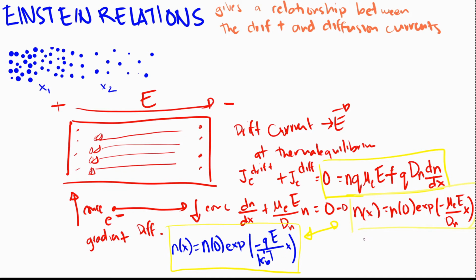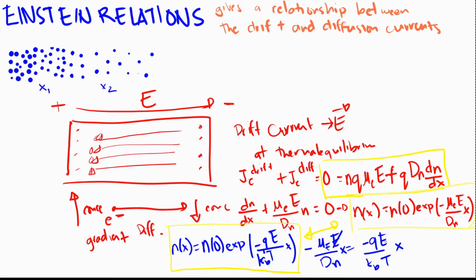So when we equate these equations, we'll actually get that mu E over Dn x is equal to negative QE over kBT x.